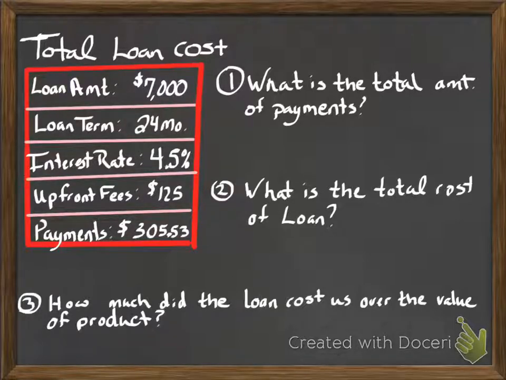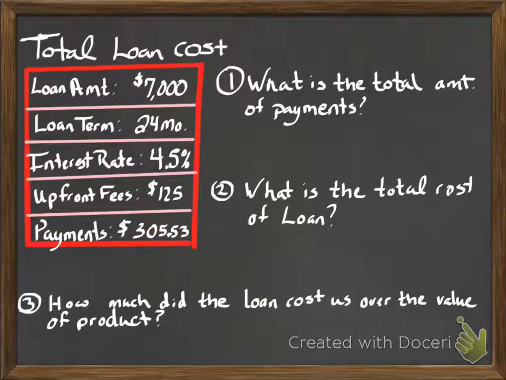And so we're going to be looking at a payment of $305.53. So what is the total amount of the payments? This question and question 2 are actually asking two different questions. What is the total cost of the loan? And what is the total amount of the payments?